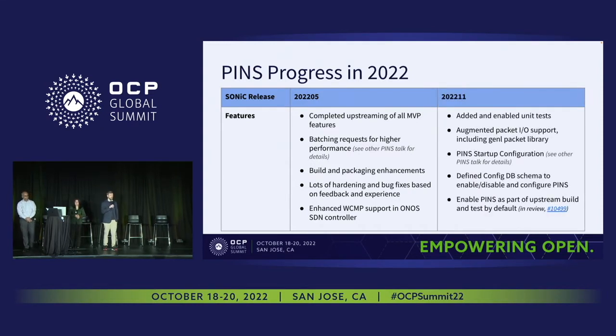And then for this most current release, the one that we're currently working on, we've added and enabled a lot of unit tests as part of the build by default. We've augmented our packet I/O support, including a new generic packet library for other SONiC applications to take advantage of the same way we do it. We've added a startup config for PINS so that you can preload a configuration for your device.